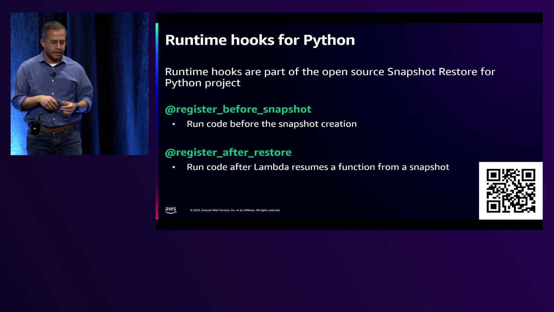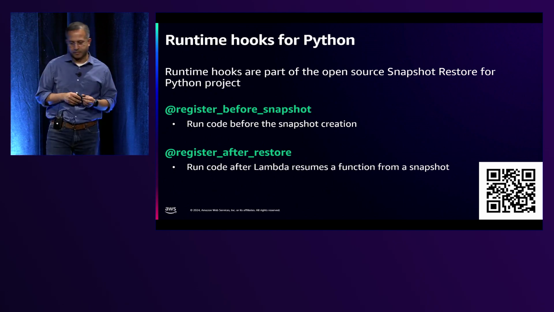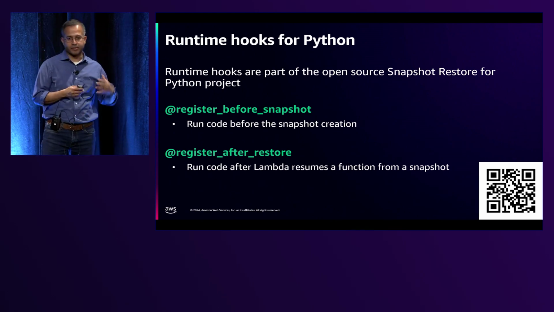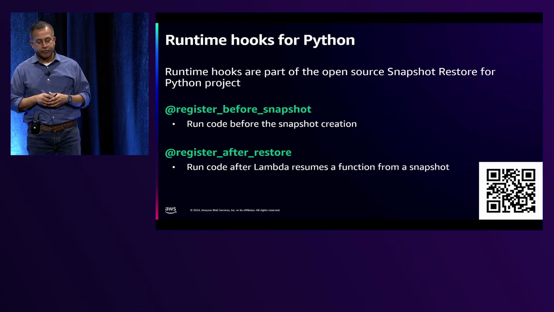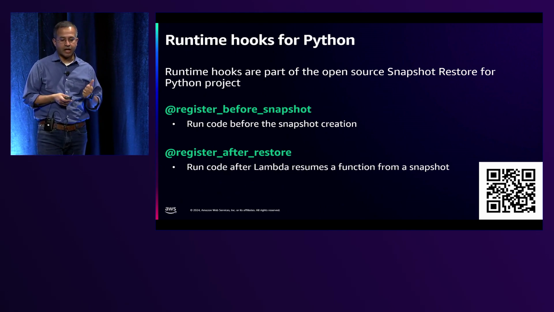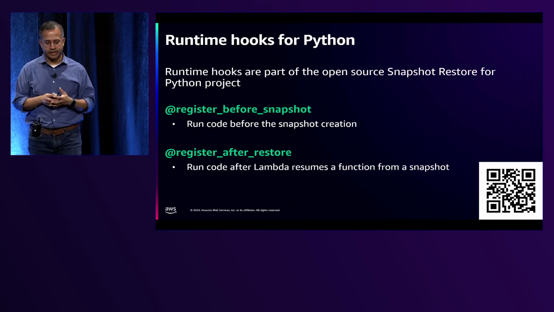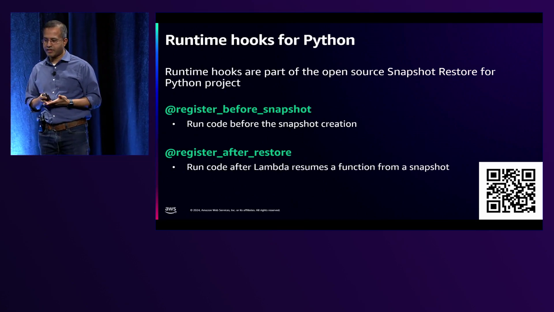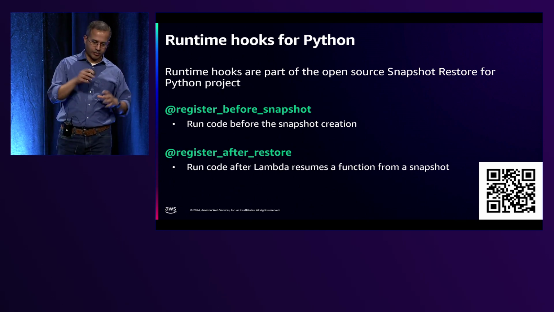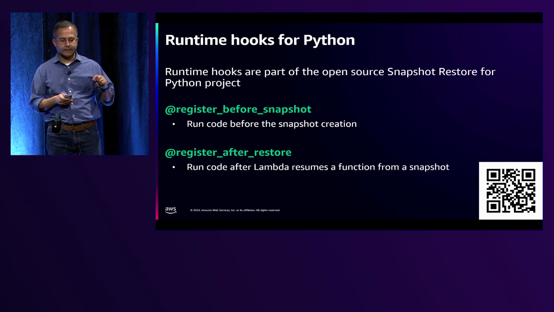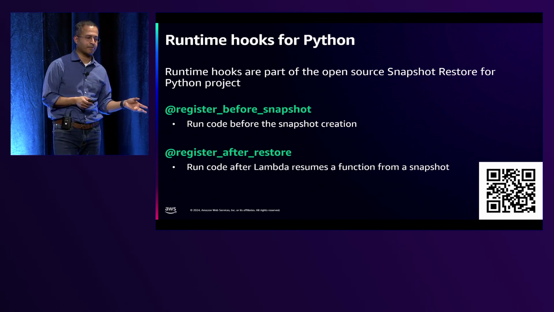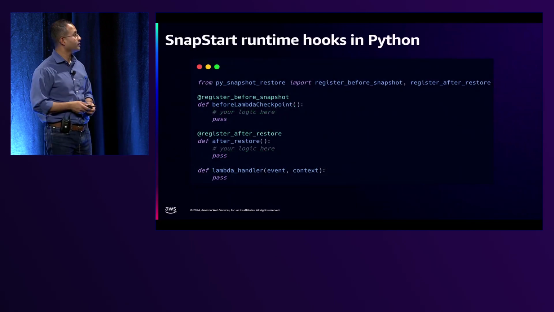Continuing on, this links to the snapshot restore for Python project, something that we launched for the runtime hooks. There are two: register before snapshot and register after restore. You have these decorators and functions available to import and add logic on code that you're running as part of before the SnapStart creation or after.